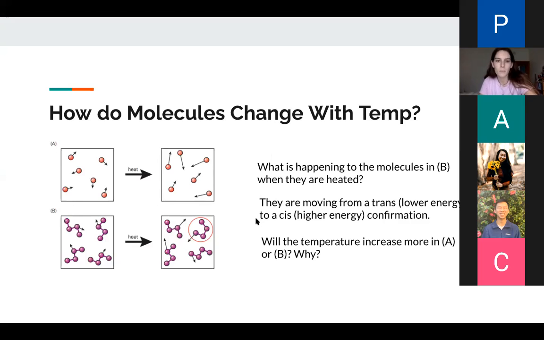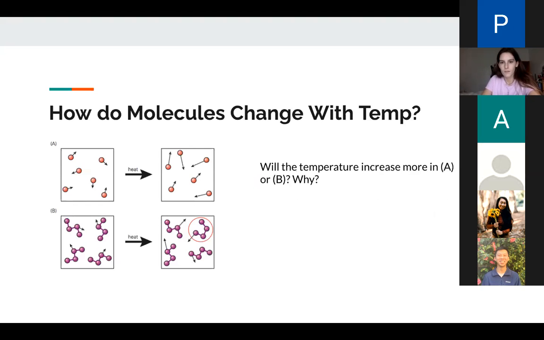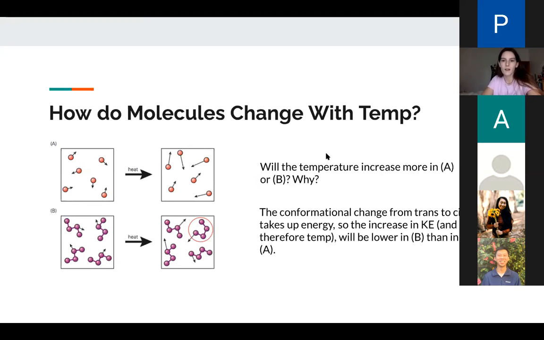And so will the temperature increase more in A or more in B, given that the same amount of heat is being put into the system? More in A. Yeah. So the conformational change that's occurring in B will take up energy. So the increase in kinetic energy or temperature will be lower in B than it will be in A.